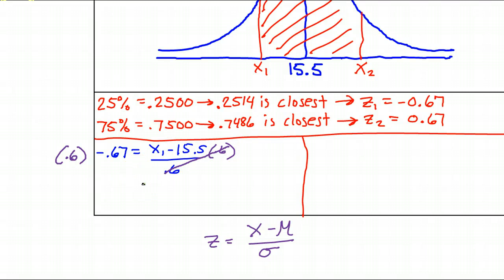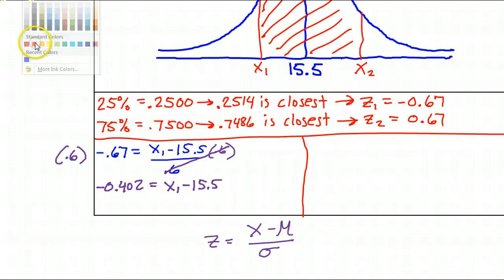Let me just grab my calculator real quick. So 0.6 times negative 0.67, that's giving me negative 0.402 is equal to x1 minus 15.5.